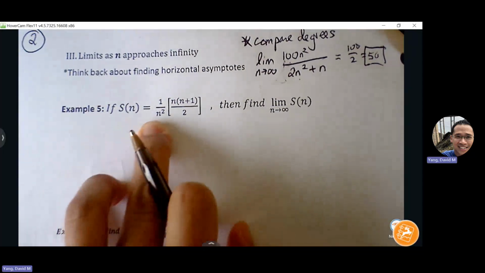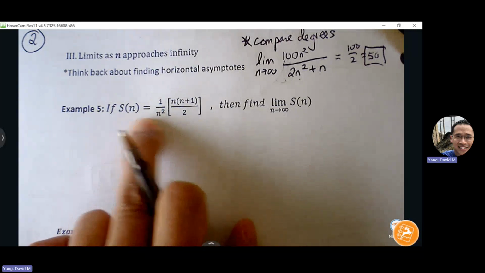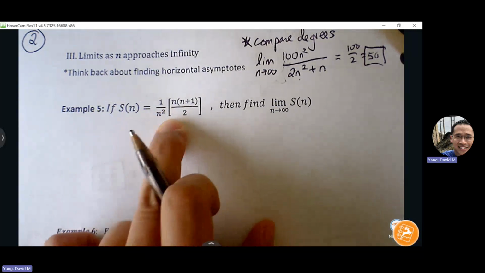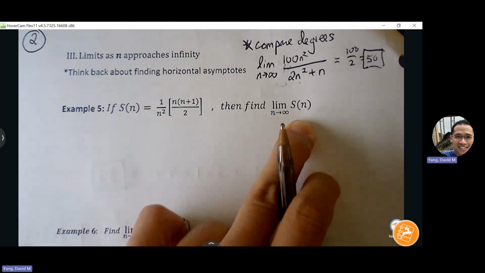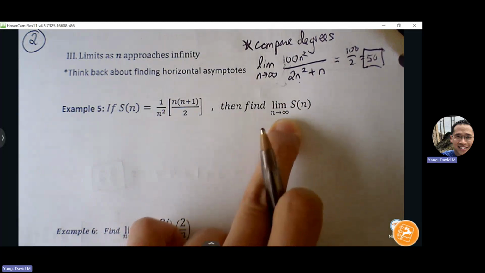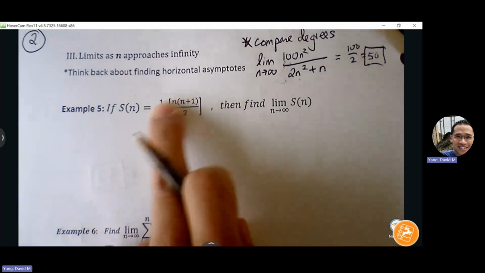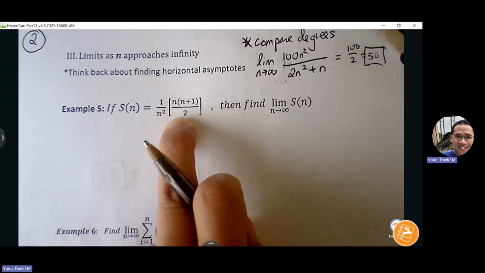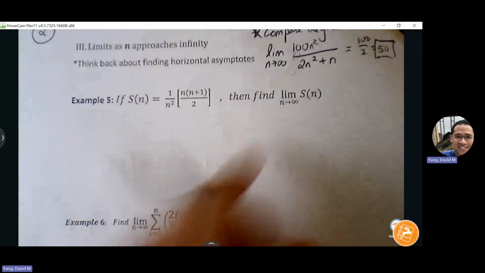So example 5, it says, if my function is n times n plus 1 over 2n squared, find the limit as n approaches infinity. So let's just put that limit in front of this. Let's clean this up, compare degrees, and then we can decide what my limit is going to be.